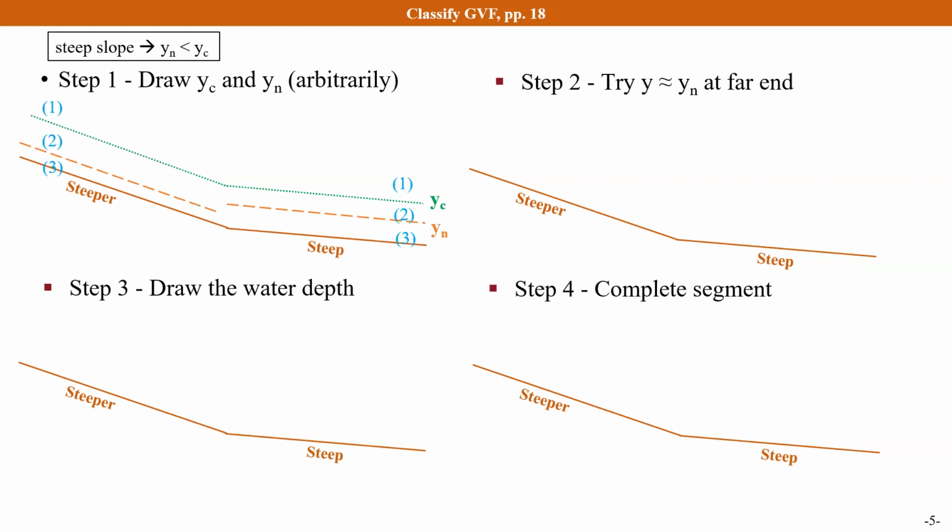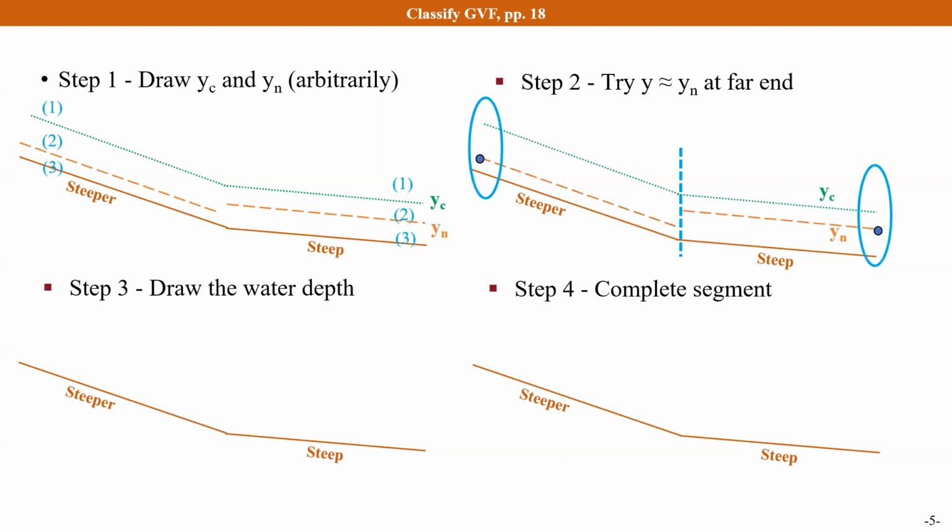Step 2 is to try the actual water depth y close to the normal depth at the far end, which is represented by a green dot. Step 3 is to draw the water depth.